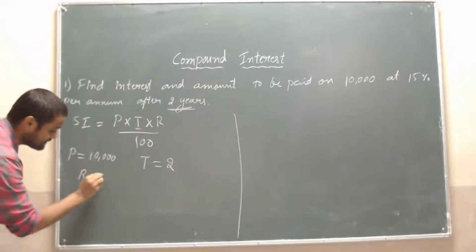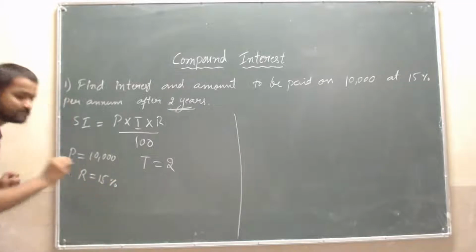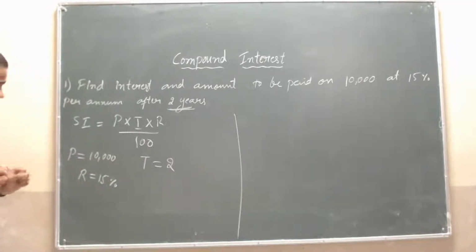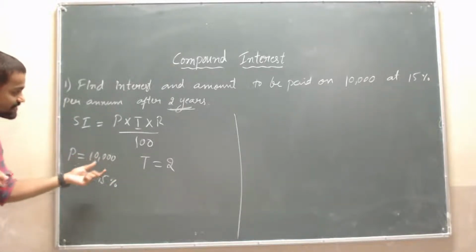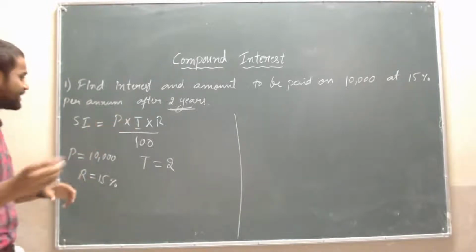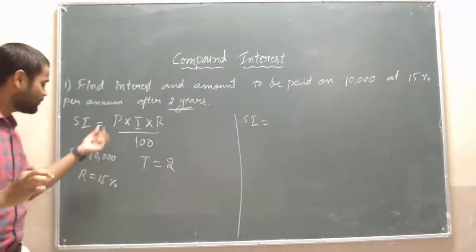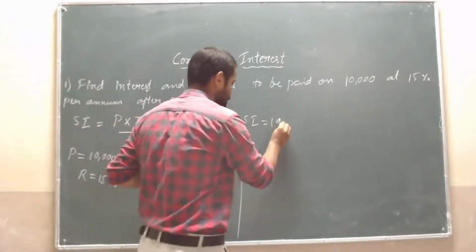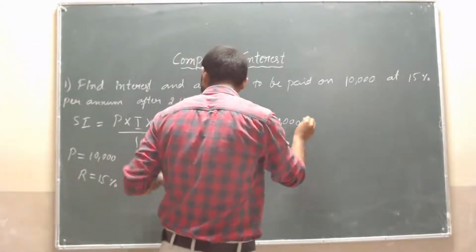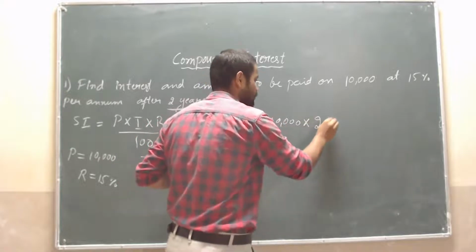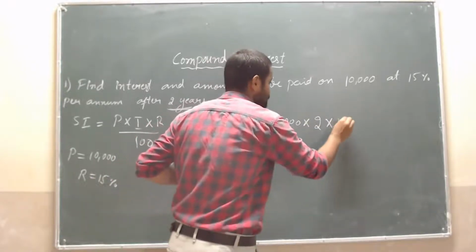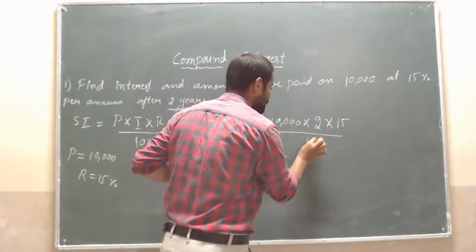We have to substitute these values in this equation, so we will get simple interest. Simple interest is equal to P is 10,000 into T is 2 and the rate of interest is 15, divided by 100.